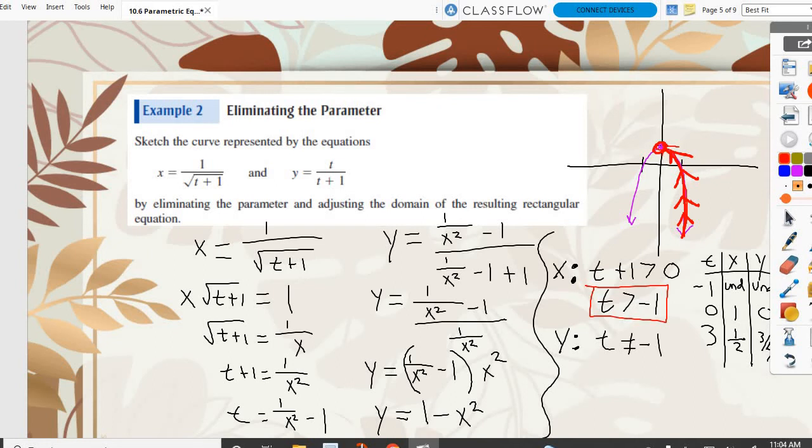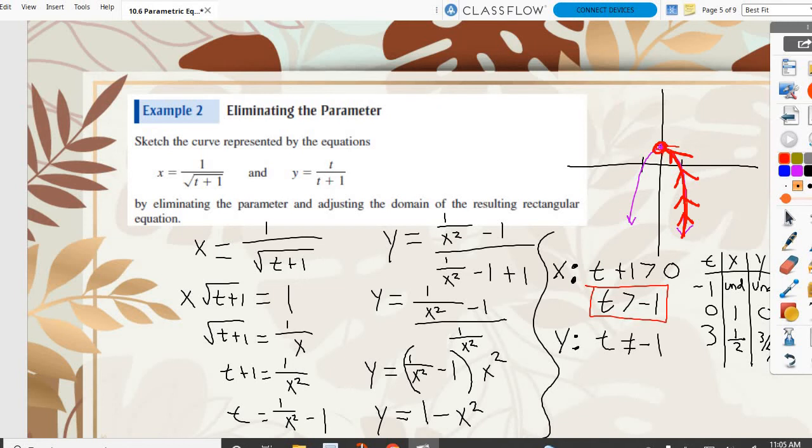Somebody said question. Why do you know what direction it's going again? Remember we said that my t values are what give us direction. We have to go from smallest to largest. So notice that if I plug in 0 for t, I would be at 1, 0. But if I plugged in things between that, so really small negative numbers, that would make my denominator a really small fraction, which means that the overall number would be a bigger and bigger number, yes?